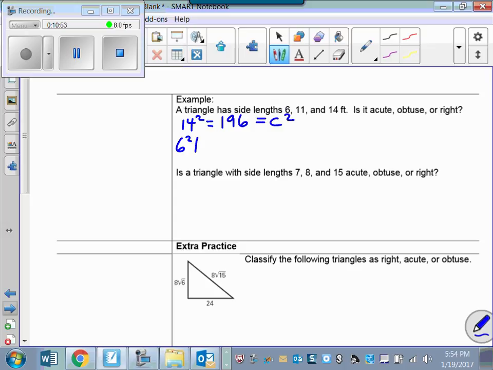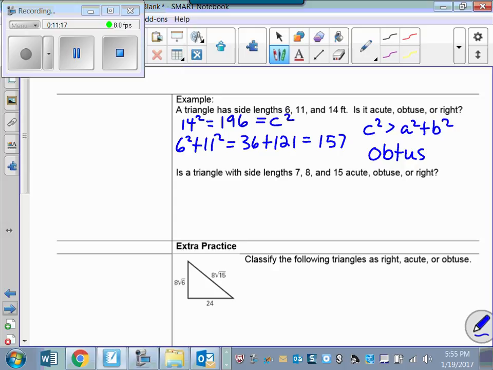That's going to be 6 squared plus 11 squared, 36 plus 121, and that is 157. That's a squared plus b squared. So what do we have here? We have that c squared is greater than a squared plus b squared. So by the theorem we just learned, we know this has to be an obtuse triangle. Obtuse triangle.